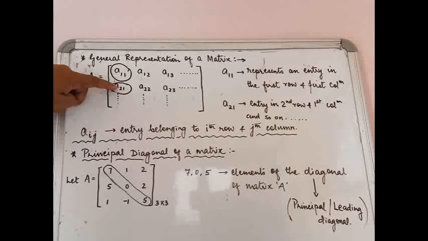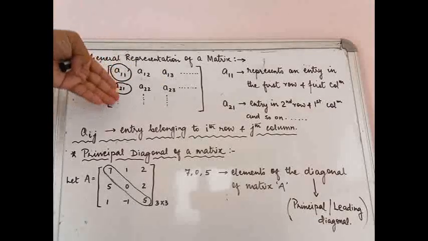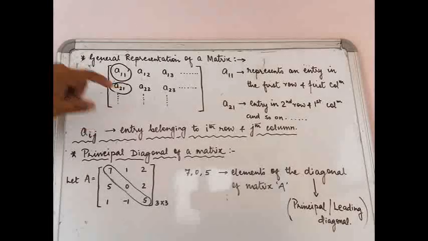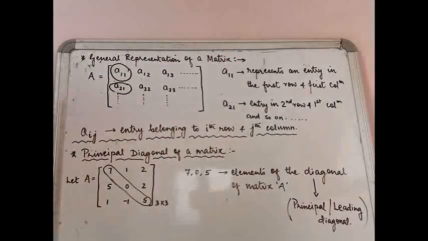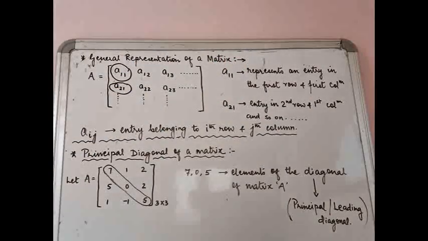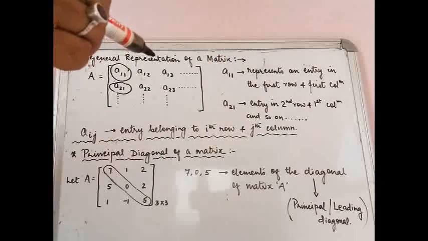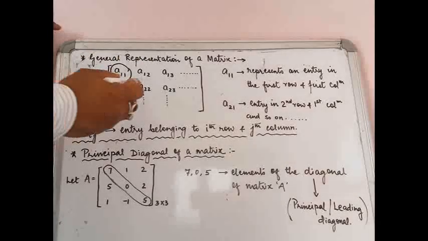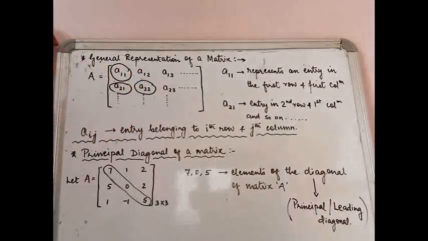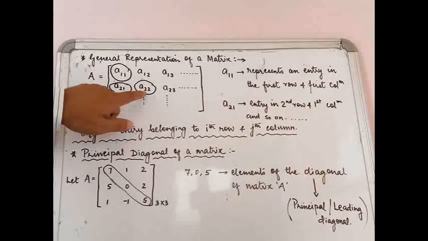So this entry is present in the second row. Which column is this entry present in? It is present in the first column. So we have this number 1 over here. I have listed down over here: A11 represents an entry in the first row and first column. Similarly, A21 will represent an entry in the second row and first column. And if you want to select, for example, this particular entry, it is present in the second row.